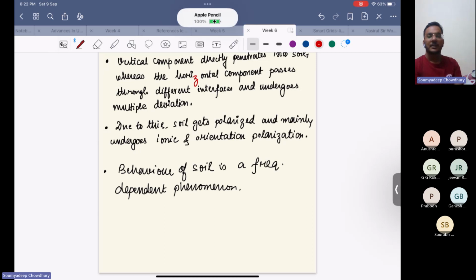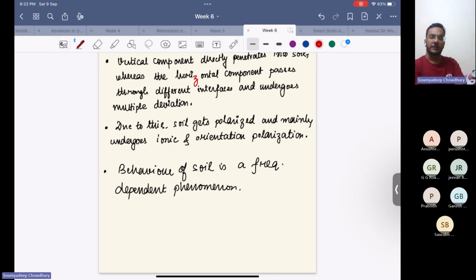I'll explain this. Like I was saying, soil is a multi-dielectric medium, and the permittivity of any particular dielectric depends on the frequency of the signal that is propagated. Till now we were thinking of low frequency, that is power frequency, so we took the permittivity to be constant, but actually it is not constant.